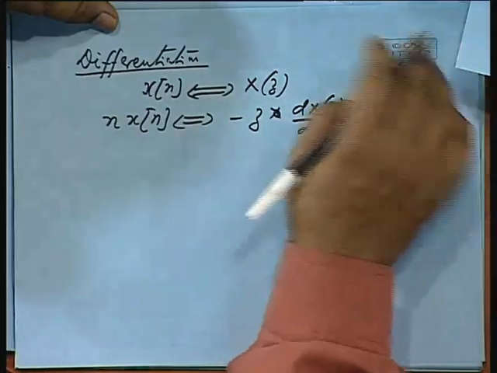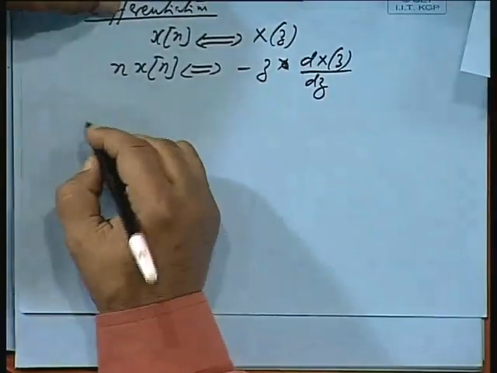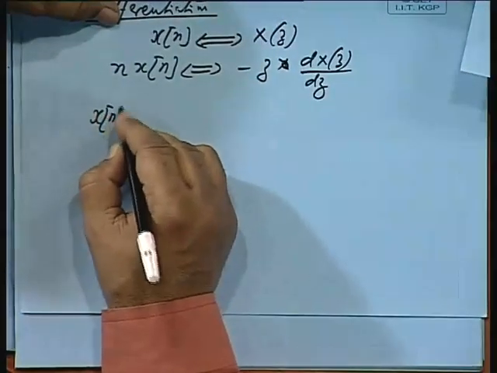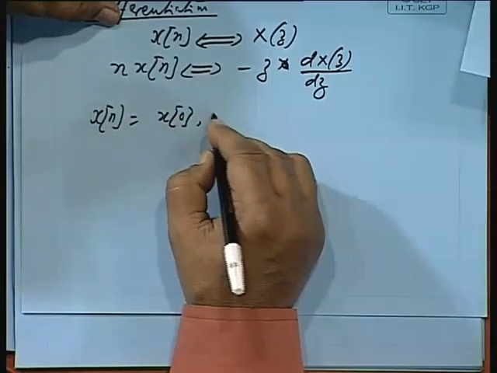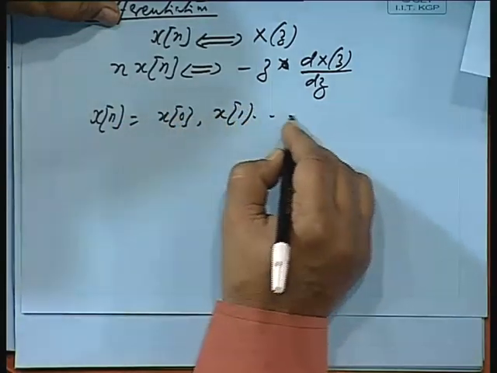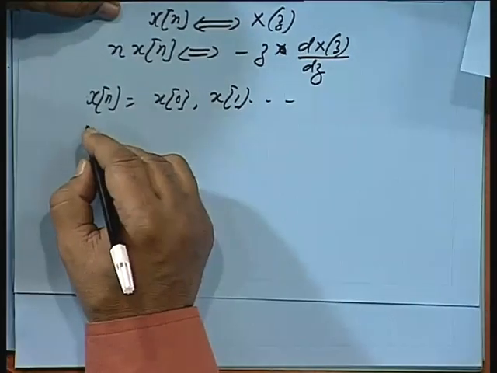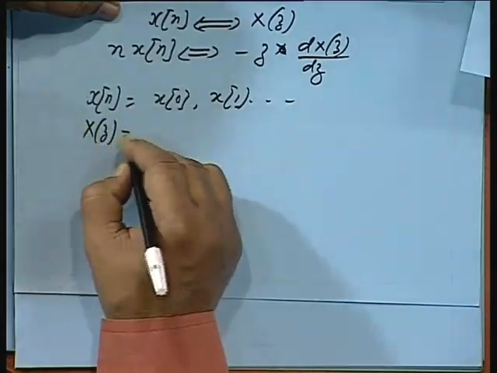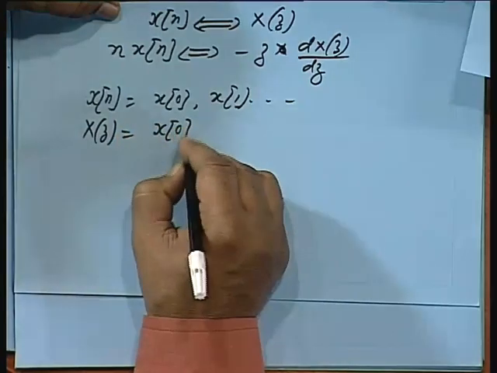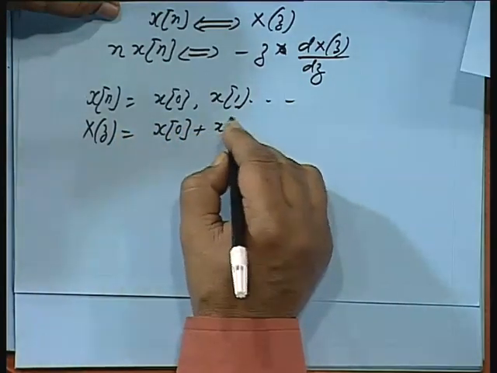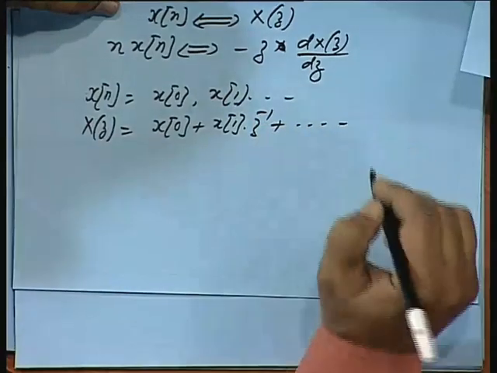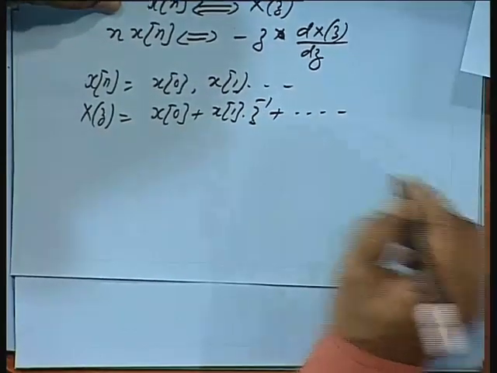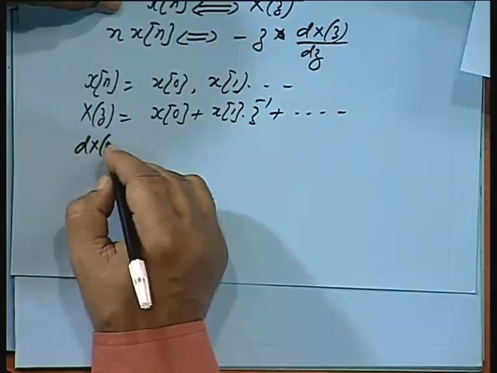Let us take up this one as an example. X n by definition is a sequence x 0, x 1 and so on. So, x z is x 0 plus x 1 z inverse and so on. All right. So, what is dx z by dz?